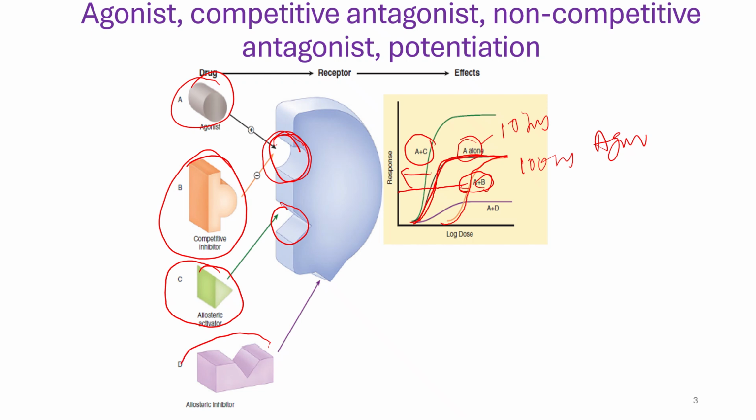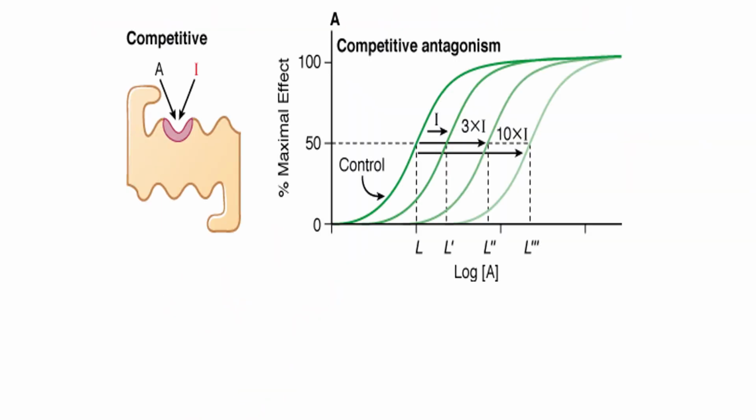Whereas non-competitive, that is an allosteric inhibitor, the non-competitive antagonist binds at a different site than the active catalytic site of the agonist. Here, both competitive antagonist and agonist compete for the same binding site of the receptor.